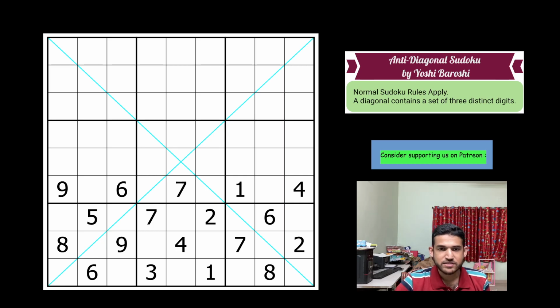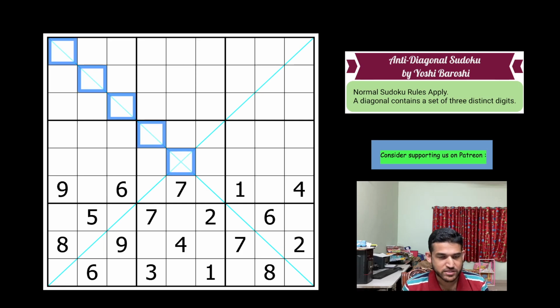So let's start the Sudoku now. The rules are simple. In addition to classic rules, each of these diagonals that you can see, oops, the diagonal got distorted there. So top left, I'm not going to stop until I just select these.